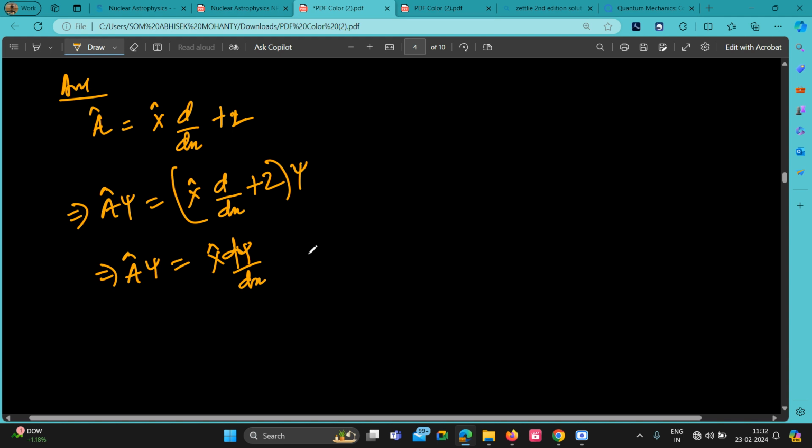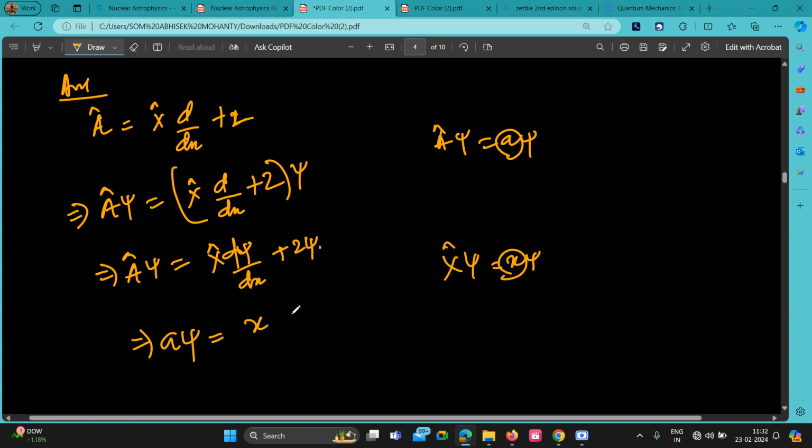Suppose the eigenvalue is a, so A psi is equal to a psi. The eigenvalue of x is x, so let me write it as x d psi/dx plus 2 psi.